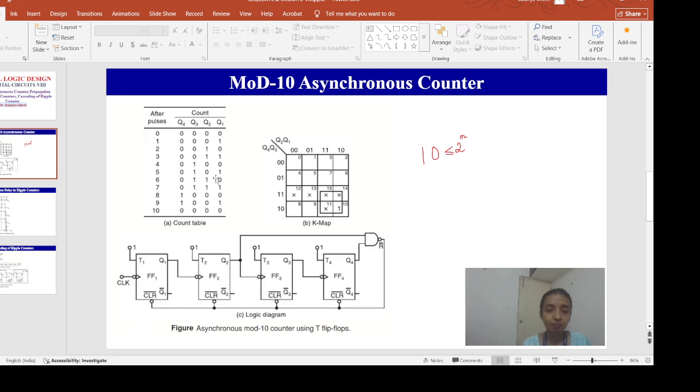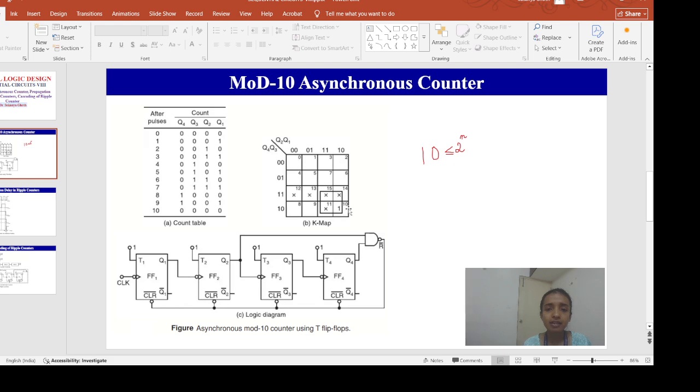So in this K map, from this K map we can see R will be equal to Q4 Q2.